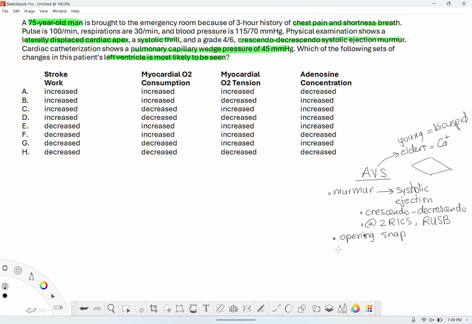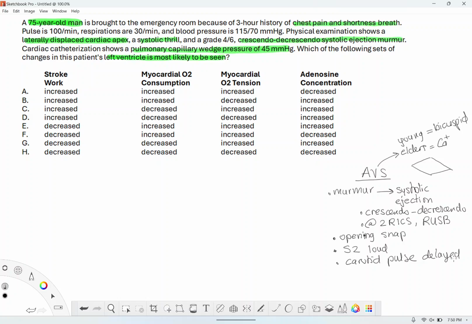So there should be an opening snap, and usually S2 is loud. There's a systolic ejection murmur, which will be best heard in the second intercostal space, right of the sternum, in its crescendo decrescendo pattern, plus the carotid pulse would be delayed, because the valve is narrow, stiff, and not a lot of blood can leave through it.